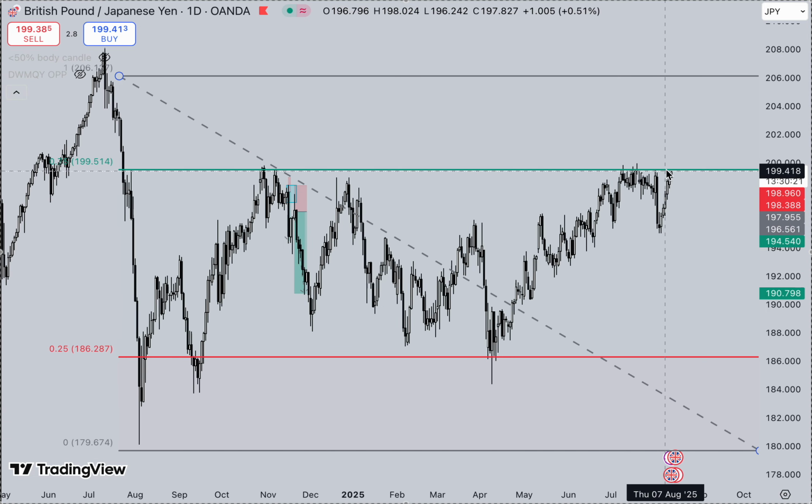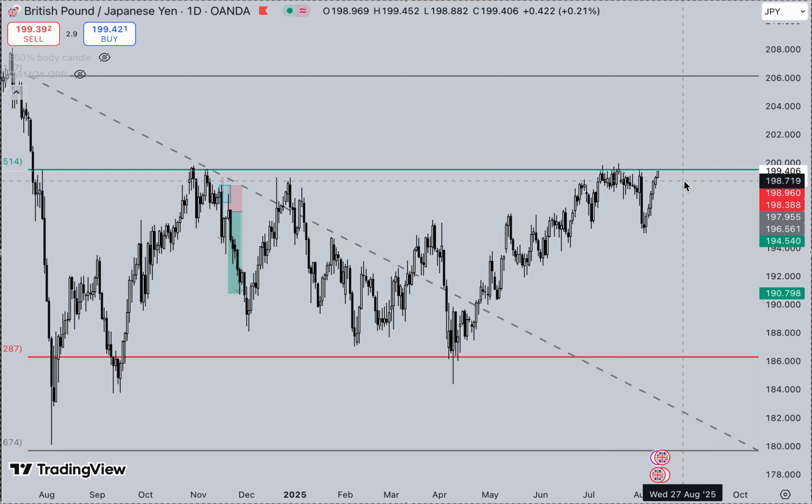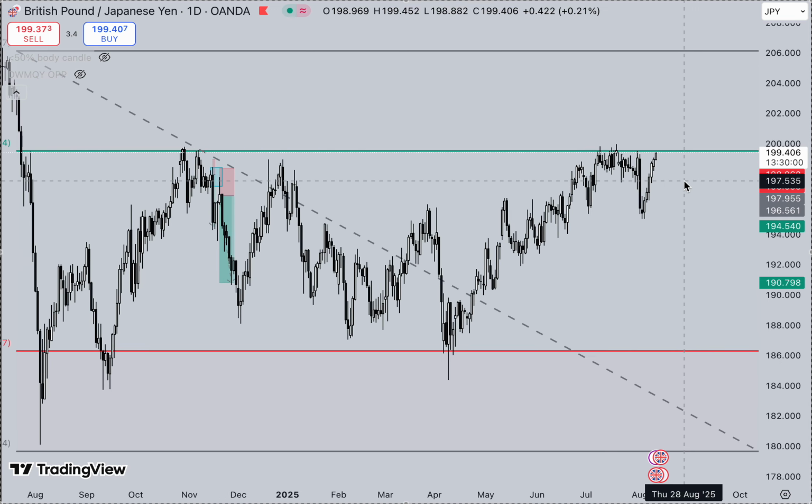So it's a possibility for us to break this, and then we start trickling, and perhaps a consolidation around here, then a breakout, and we start trickling up to higher and higher prices. Or we sweep this liquidity resting above here, and then we start to sell. Okay, so let's watch out for those scenarios, and let's see how it plays out.